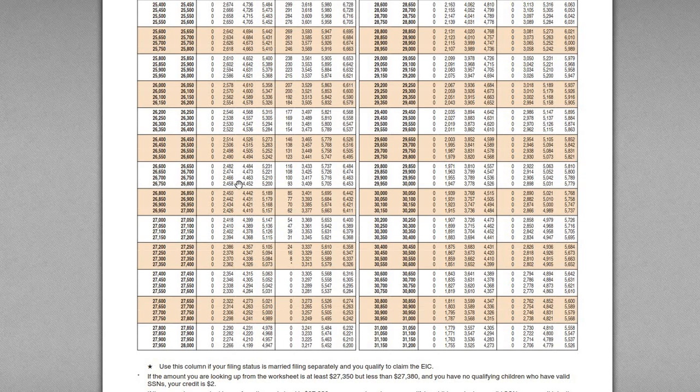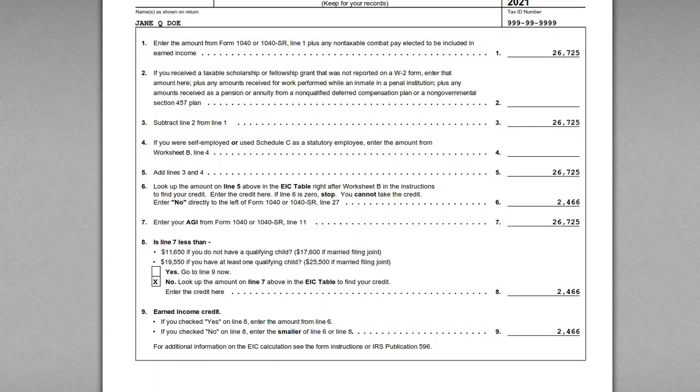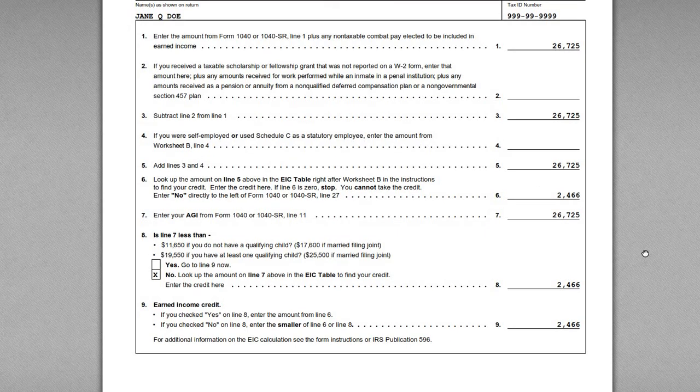And then we move left to right. Here are the columns with the various numbers of children. So the first column is if you have no children. In this case, if Jane didn't have any children, she wouldn't get a credit given her income level, okay? But she does have one child, right? So that's the next column over. One child within this range is $2,466. So that's the amount of the earned income credit that Jane can take on her tax return. So we take that number, 2466, and we enter it there on line 6, okay?